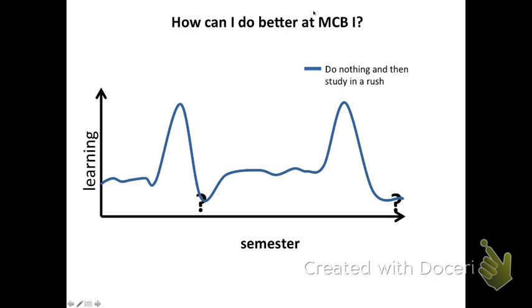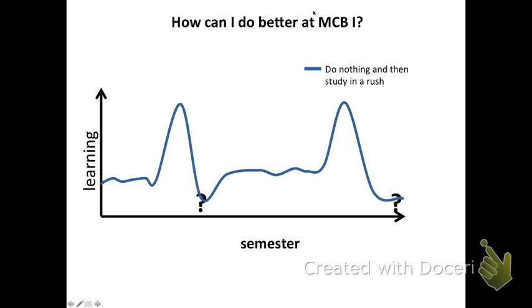What happens when you're working on MCB is that it's a mixture of memorizing terminology, learning concepts, and building up the molecular biology knowledge. It's a semester-long learning process. Let's say we plot the semester on the x-axis and the learning on the y-axis. Let's say for the semester you did nothing and then you studied in a rush, which is very typical.